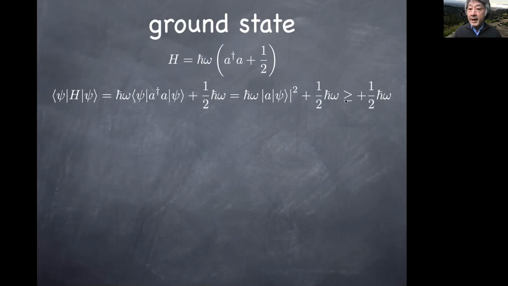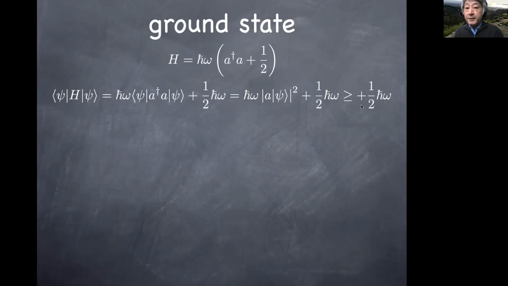So here's now an inequality: the Hamiltonian expectation value is larger than or equal to the number half h bar omega, because this first piece is positive semi-definite. It is positive or 0, can never be negative, because it's an absolute square of a vector in this Hilbert space. So that's the smallest the expectation value of the Hamiltonian operator can be.